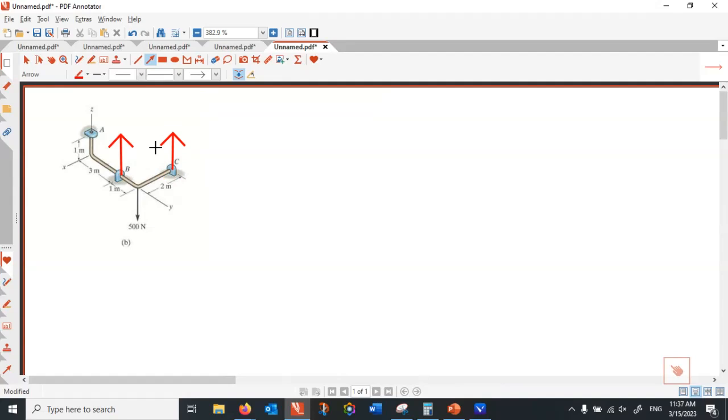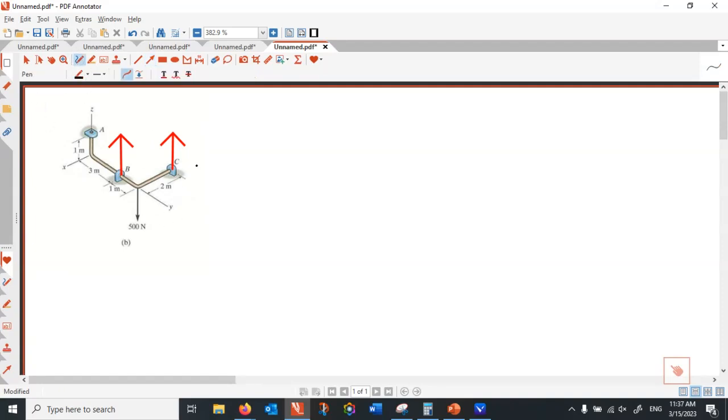All right, so the force 500 and C are making a rotation, and that rotation should be cancelled by rotational resistance at C, so that is about the y-axis.